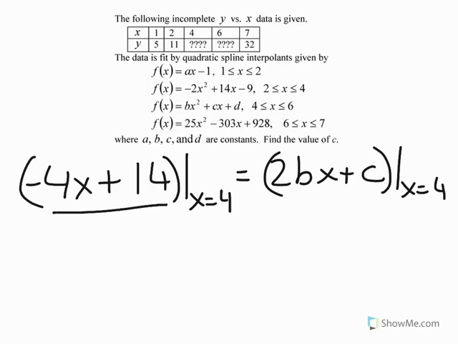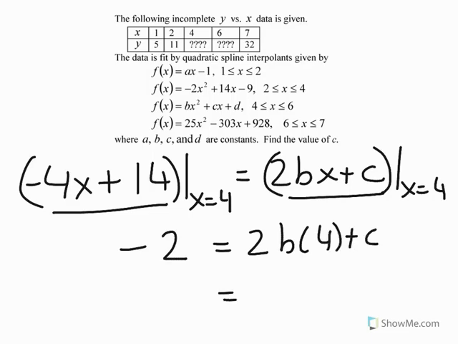That's after I've taken the derivative of one spline and the derivative of the third spline. But these two spline derivatives are only equal at x equal to 4. This gives me minus 2, and this gives me 2b times 4 plus c, and that gives me 8b plus c is equal to minus 2.